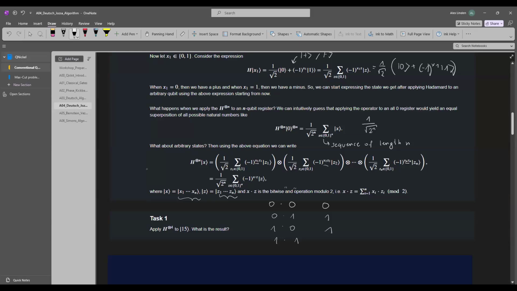Similarly, here is 1. Here we have to use the modulo, it will change something since we get 2, and this will be 0. So x times z, if we want to show it in this representation, we'll have to use the sum again.